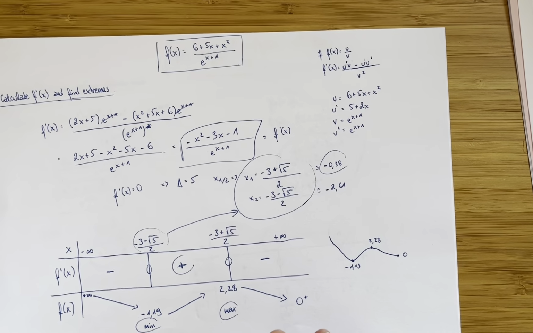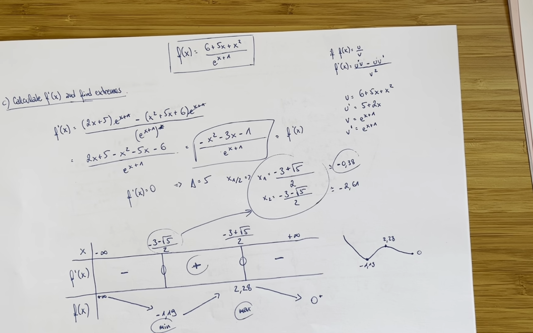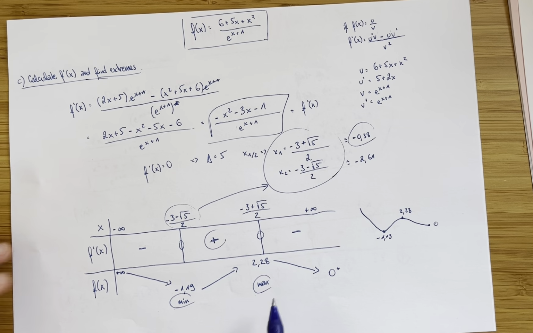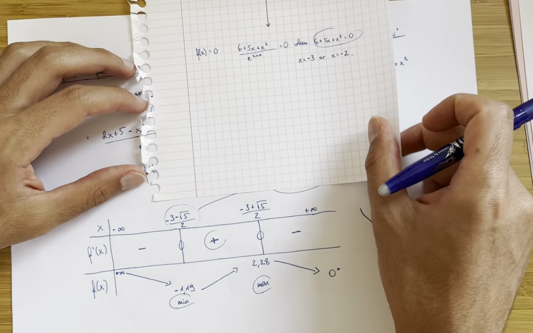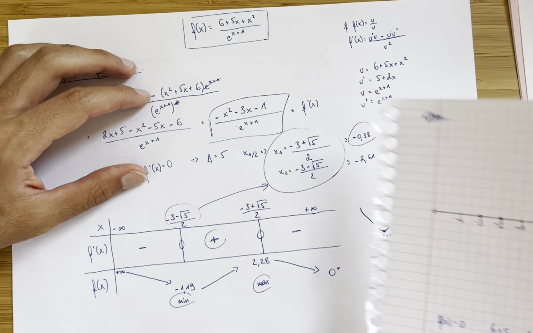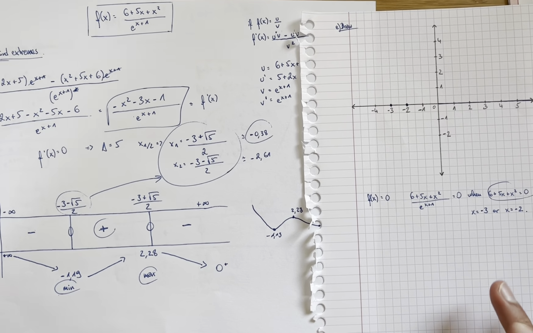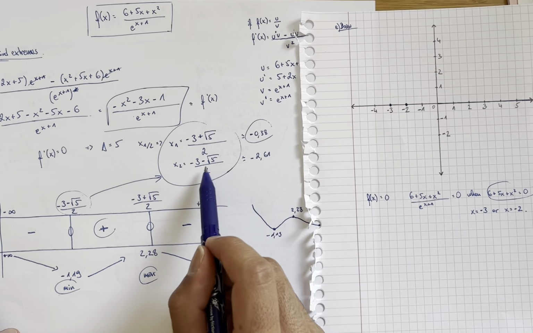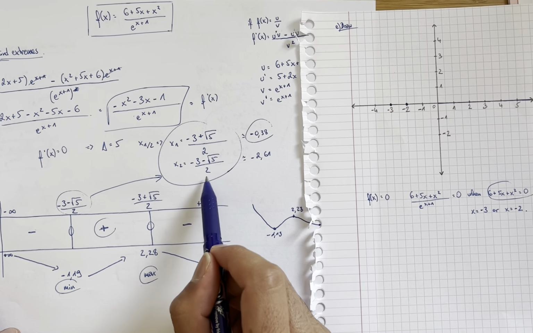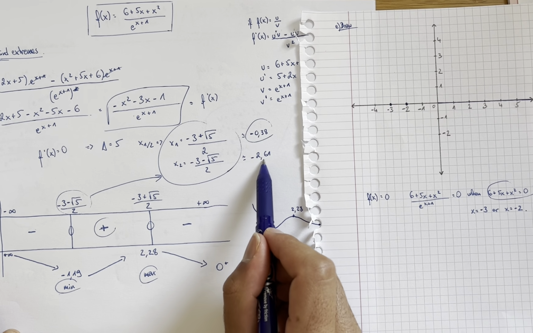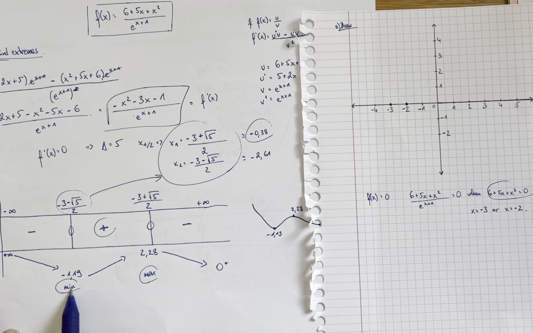Now let's go to the second part when we calculated the first derivative. When we did that, we found out a minimum point and a maximum point, so we just have to put them into the graph. We found out that for x = (-3 - √5)/2, which is approximately minus 2.61, the function reaches its minimum at minus 1.19.